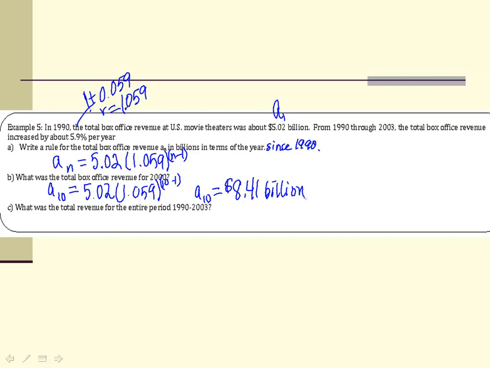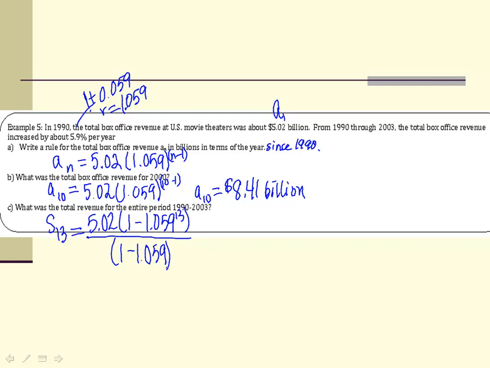So what was the total revenue for the entire period from 1990 to 2003? You have to think about how many years was that? Well, that's 13 years. So we're going to find S sub 13, because I have 13 years, equals A sub 1, my first year, times 1 minus my rate, to the nth power, well, n is 13, and we're going to divide that by 1 minus our rate.